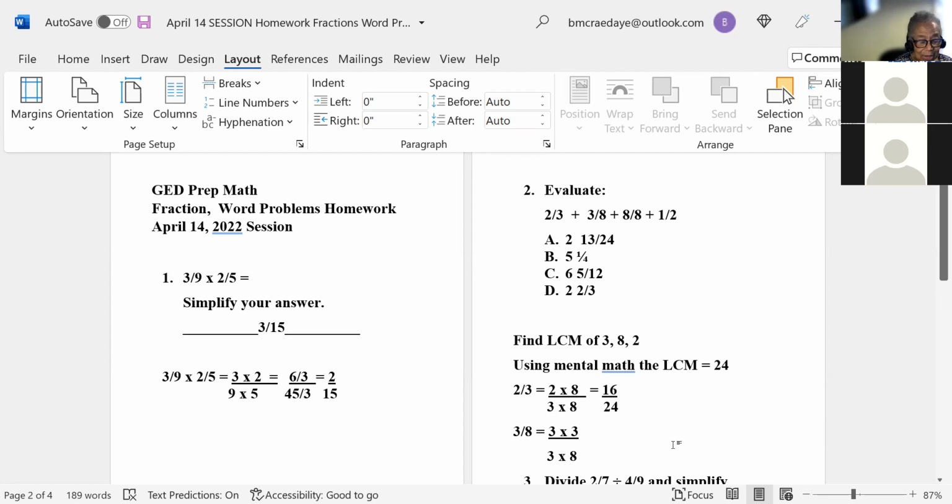Okay. Got it? So whatever number to get the least common denominator, you have to multiply both the numerator and the denominator by the same number. So this becomes 9. And let's just take out, we don't need the underline here.